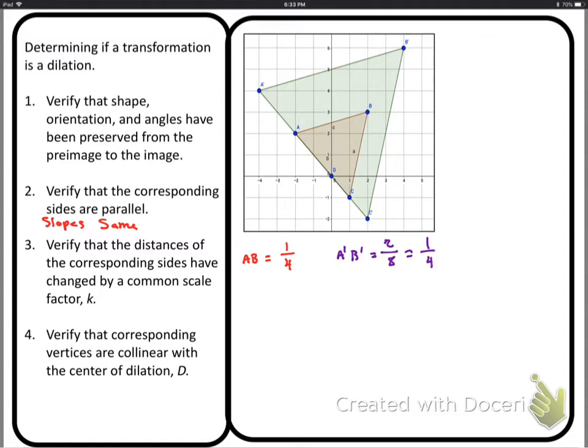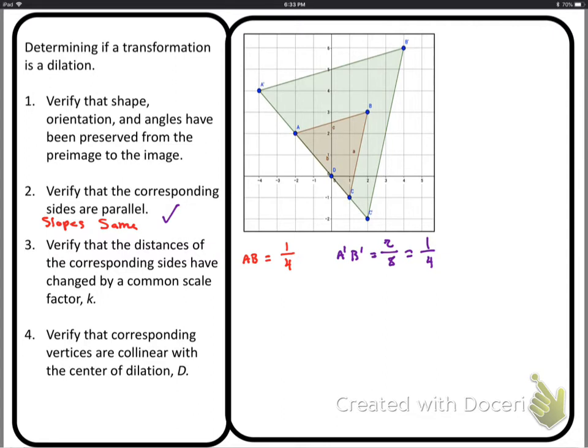From A to C, that's down 1, 2, 3 over 3, so that's -1. And then down 6 over 6, that's also -1. So that's check. They did have parallel sides.